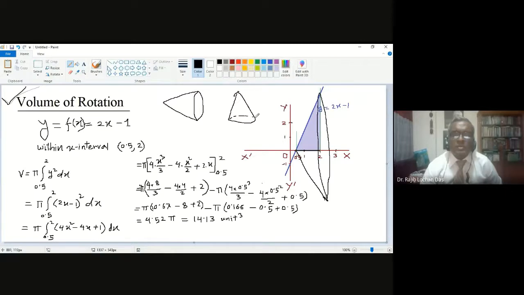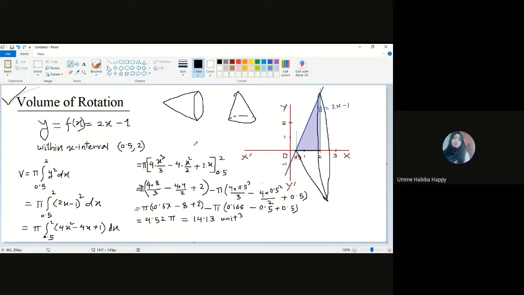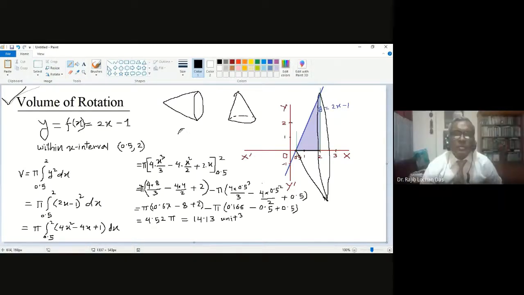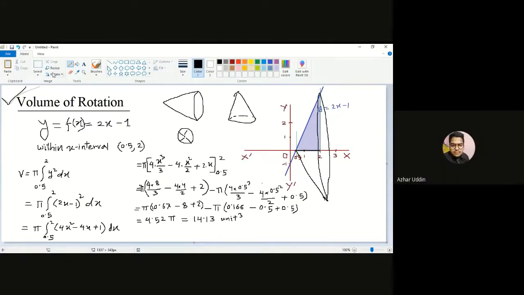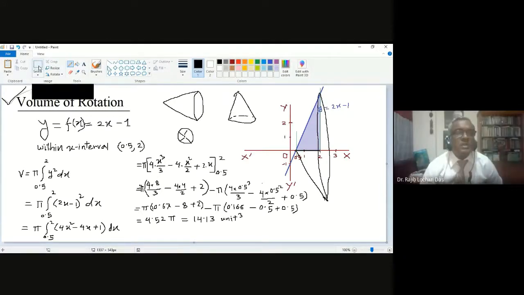Sir, this is the figure, right? Yes, if you think of it just from the top, then maybe this will be the figure. If you see it from the top, this is the thing, right? Yes, sir. You need to imagine this is a three-dimensional figure, so there will be volume.